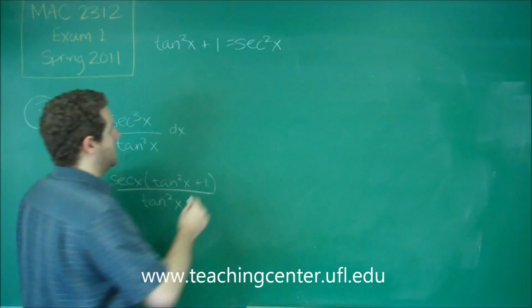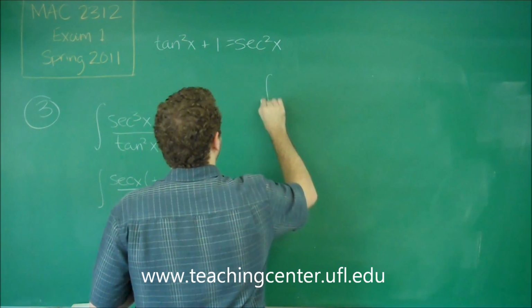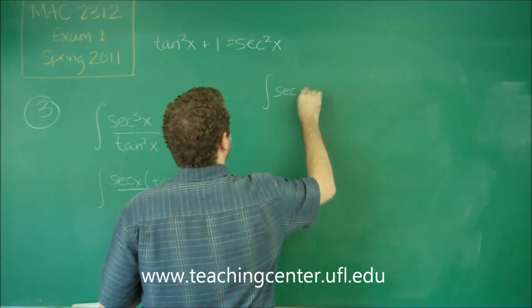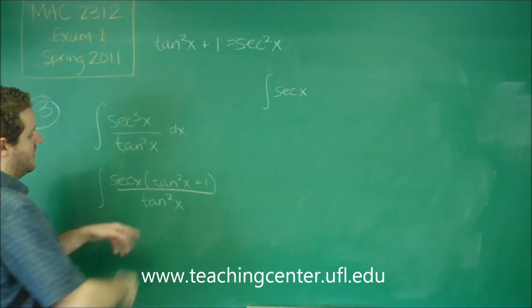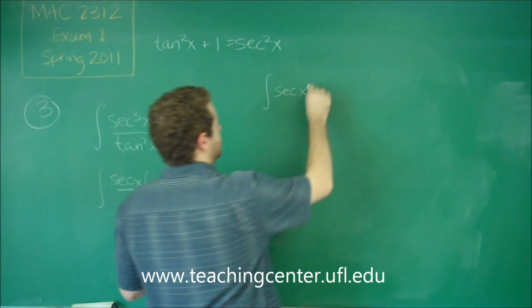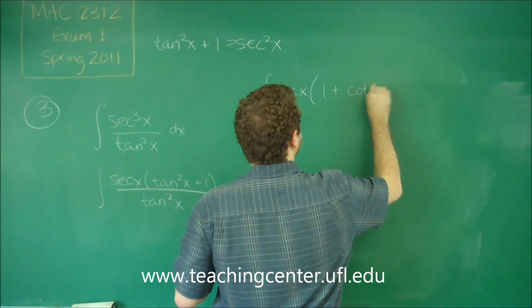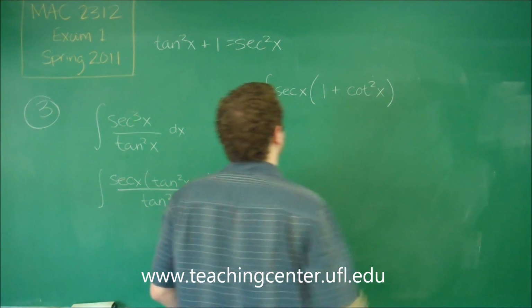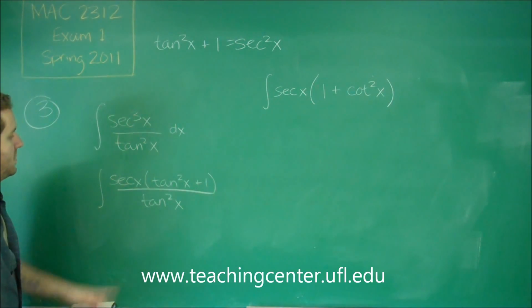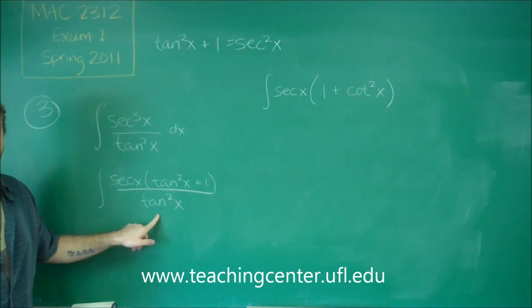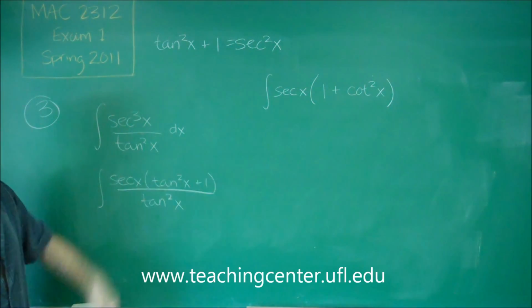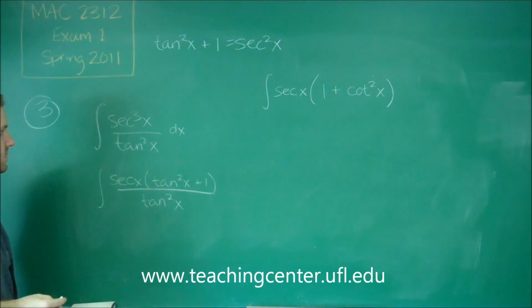If we split this up into the integral of secant x times this fraction, it can actually be simplified to 1 plus cotangent squared x, because tangent squared over tangent squared is 1, and 1 over tangent squared, the reciprocal, is cotangent squared.